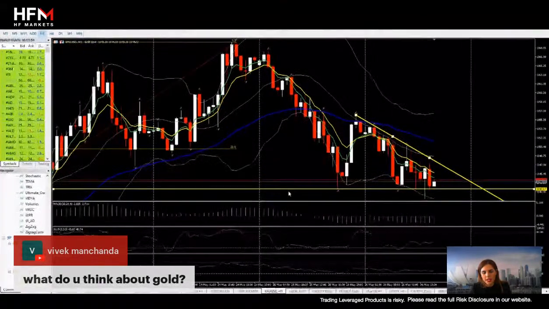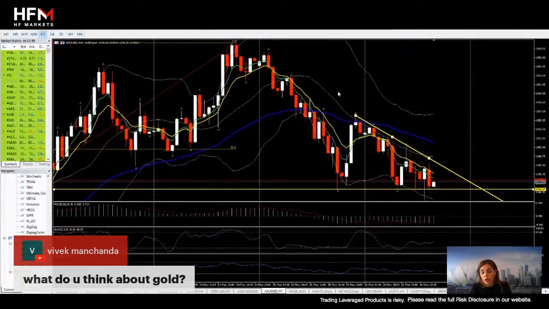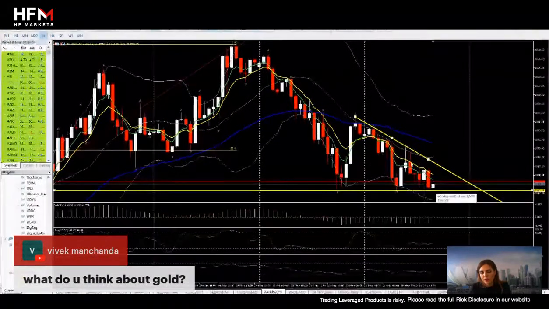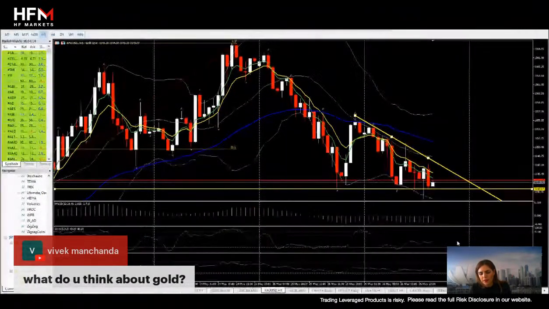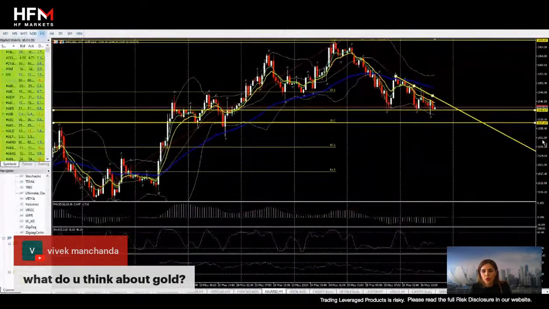Support is at 1842. Lower lows, lower highs, below the 50 and 20 period moving averages, with the fast moving average clearly pointing further to the downside. MACD negative, RSI below 50, stochastic failing to cross above 50 or even point higher, so there is a lot of selling pressure on gold.